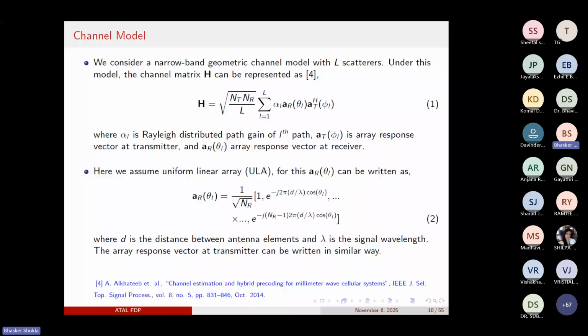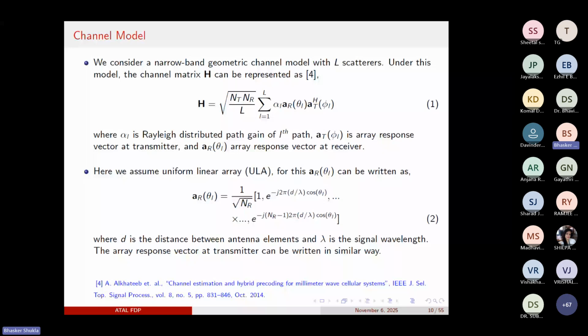As I said in the previous session, for XL MIMO there is a near field region, where the wavefronts are spherical, but here for the millimeter wave hybrid MIMO system, we have taken the far field region. Far field region means we have taken a planar wavefront.